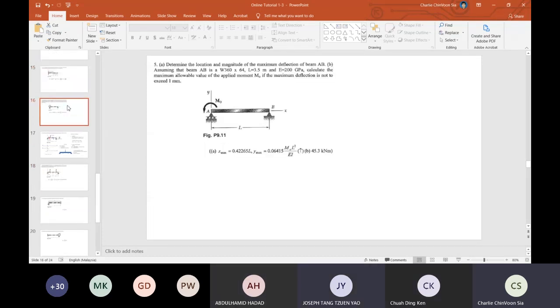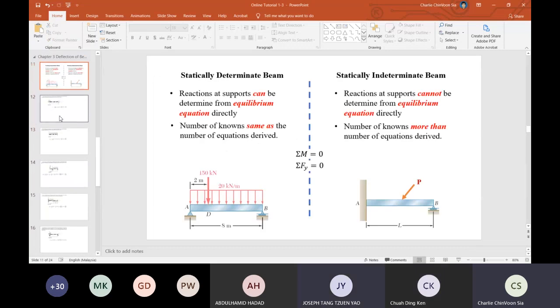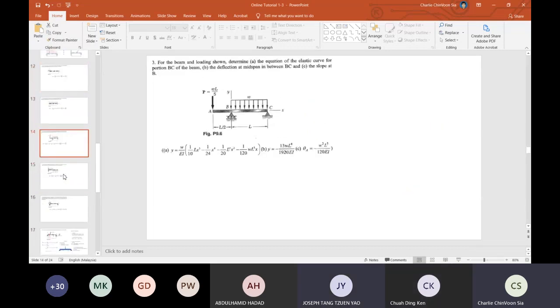So for example, for this other question, we are unable to know at which point the maximum deflection occurs.